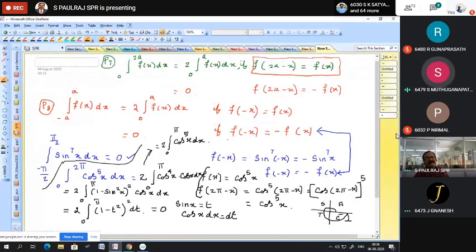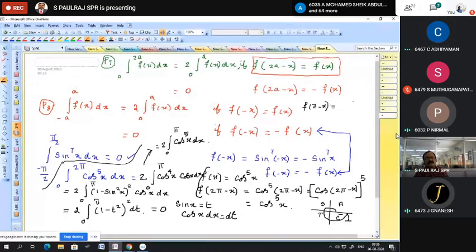Integral 0 to a of f of x equals integral of f of a minus x. So you have to find f of pi minus x. What is f of pi minus x?